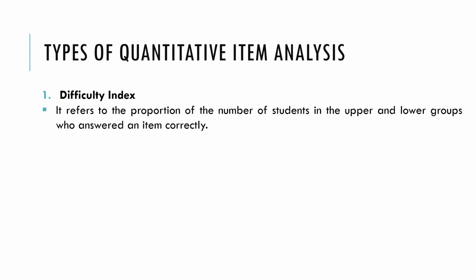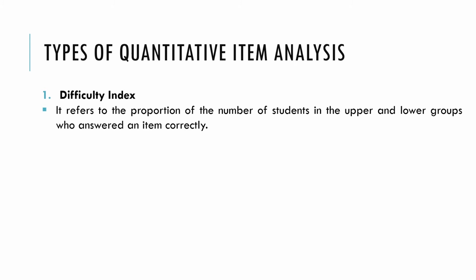It refers to the proportion of the number of students in the upper and lower groups who answered an item correctly. We will know later kung anong ibig sabihin ng upper and lower groups, no, of a class. So again, when we say difficulty index, it refers to the proportion of the number of students in the upper and then lower groups who answered the item correctly.